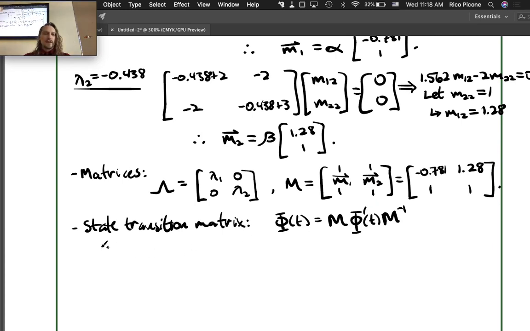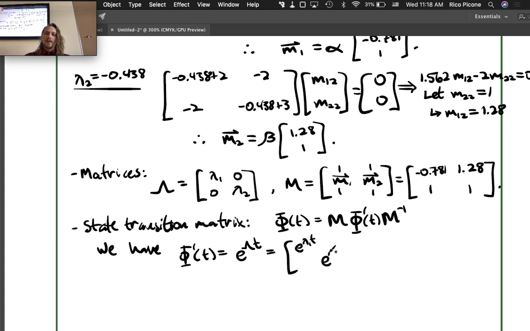So we have, I'll say, phi prime of t equals e to the lambda t equals e to the lambda 1 t, e to the lambda 2 t, 0, 0. Good.